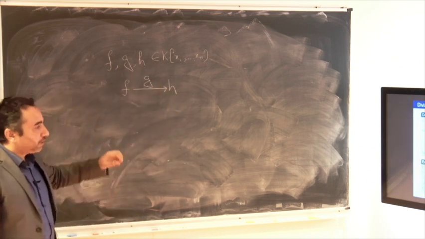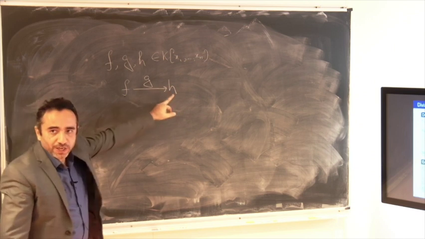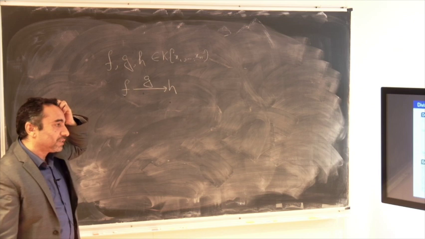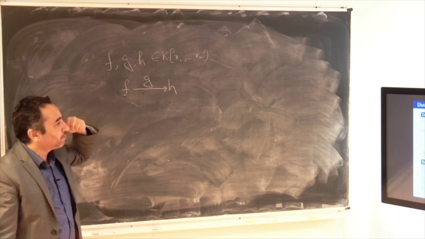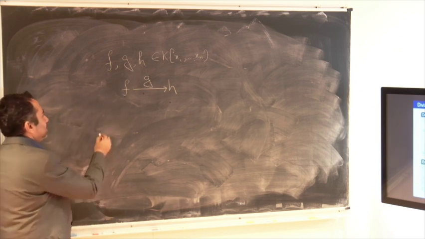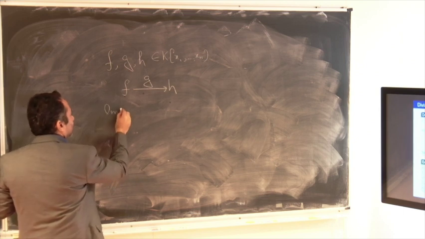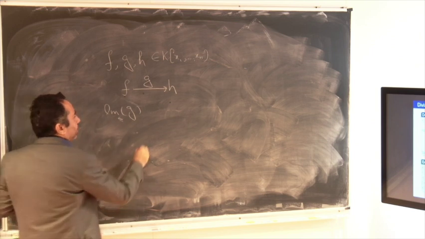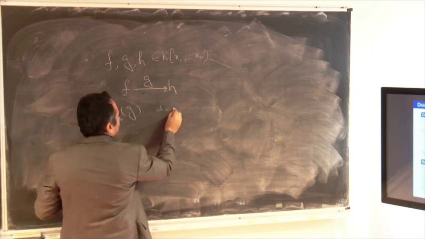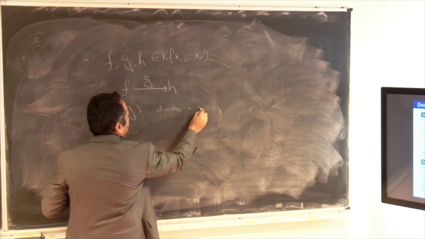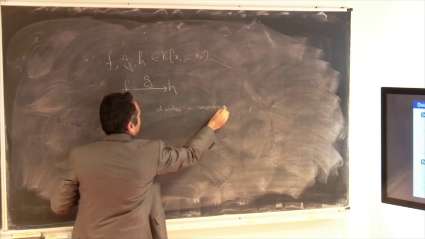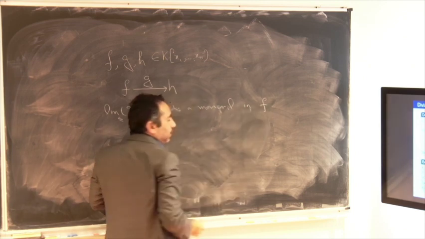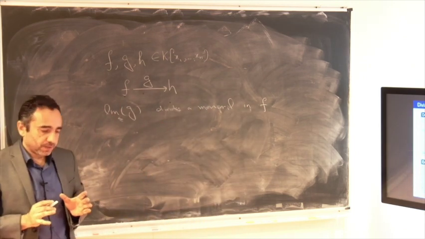This is the notation: you reduce f to h using g. So what is the procedure? It's similar to division. The leading monomial of g, with respect to the given ordering, divides a monomial in f.